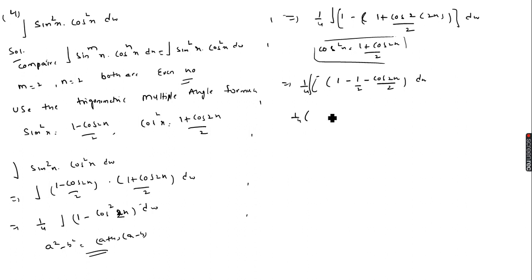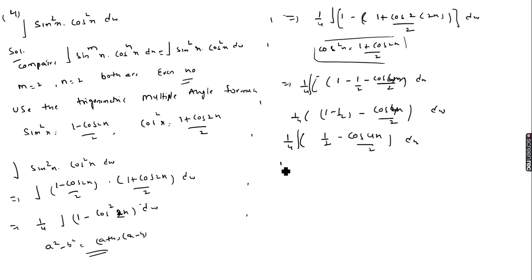So we simplify this part, 1 minus 1 by 2 minus of cos 2x, that is nothing but 2 into 2, 4, this is nothing but cos 4x by 2. So therefore this is 1 by 4 into 1 minus 1 by 2 is nothing but 1 by 2 minus cos 4x by 2.